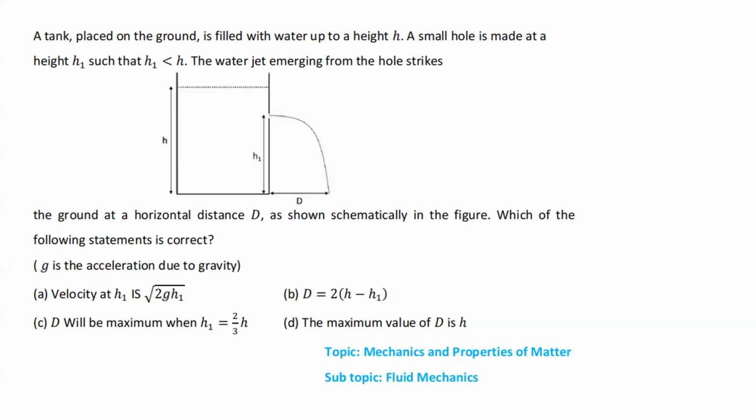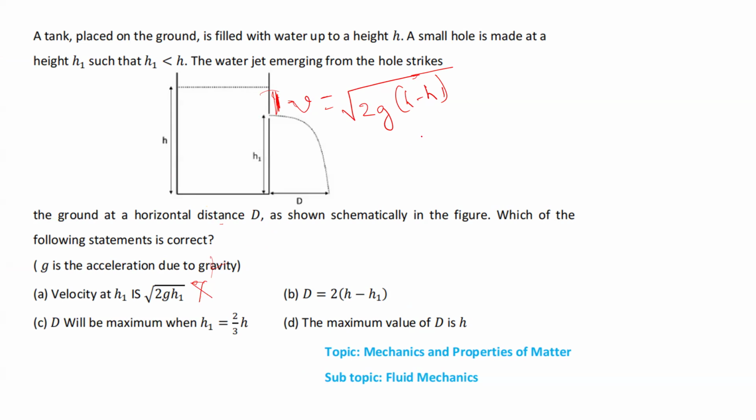First, to calculate this, we need to compute the velocity. Velocity depends on this gap, right? V is equal to root over 2g(h minus h1). So here it is not only h1, it is h minus h1, right?